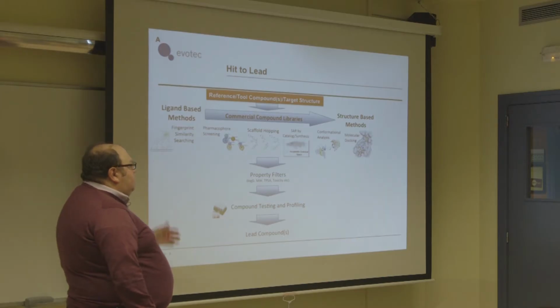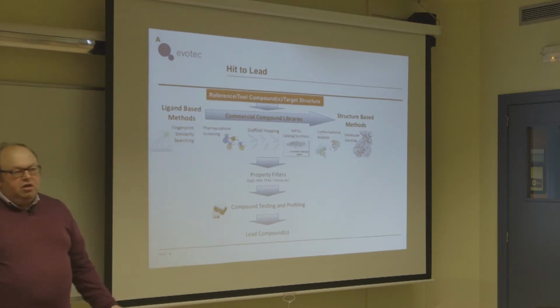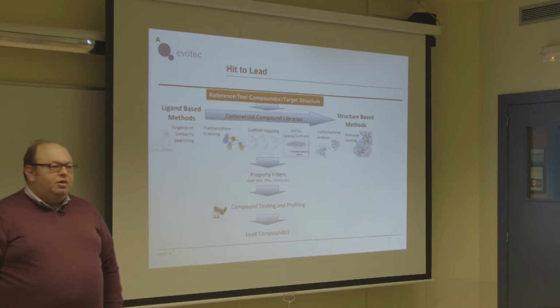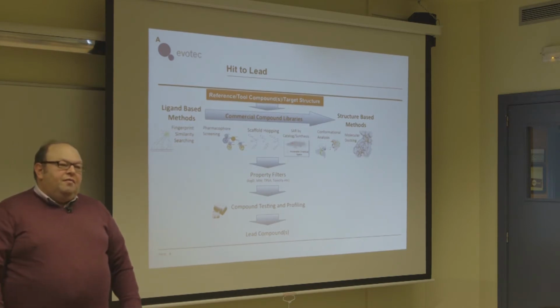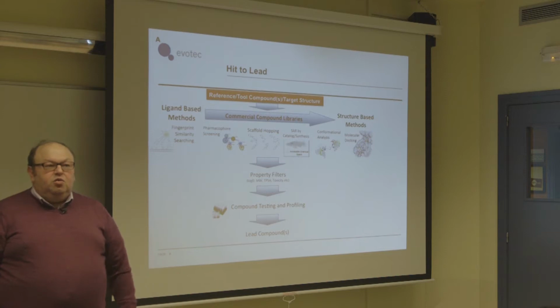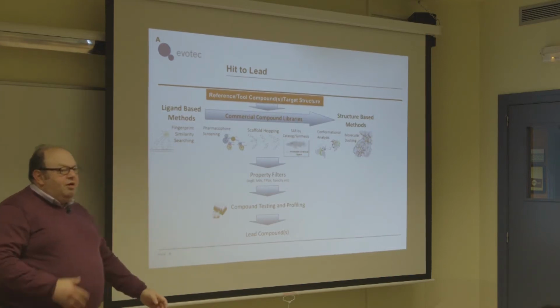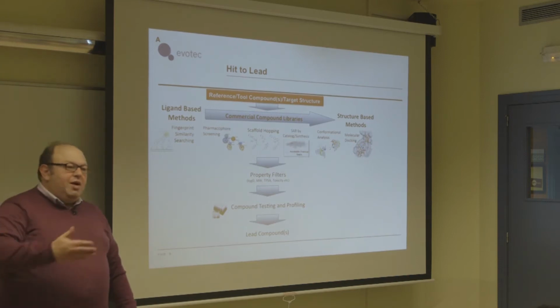Again, I practically spoke about this already. This is hit to lead. In hit to lead, there are a lot of questions. Usually this is the stage where we check how promising these compounds are. We're comparing with the compounds that were already known for this target and for other targets, and we see how much we can optimize it by making a few cycles, to see if we manage to move from the original starting potency to a more potent compound.